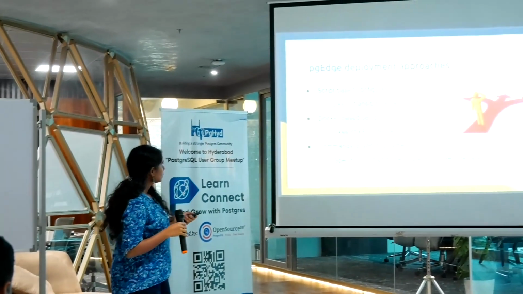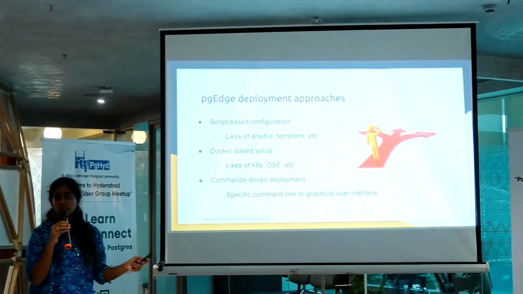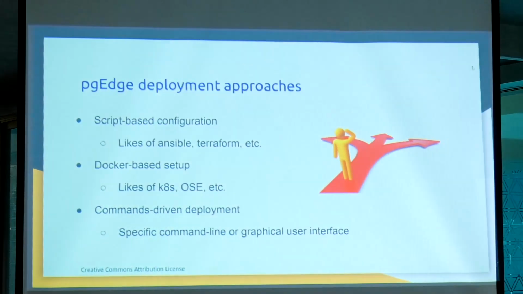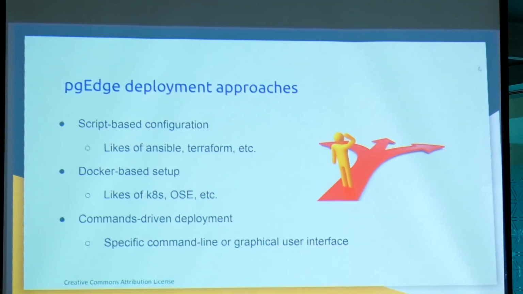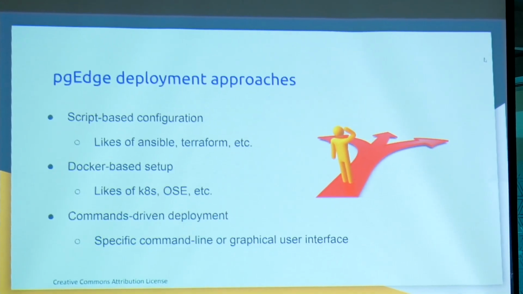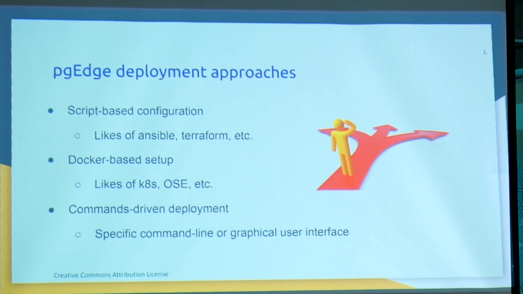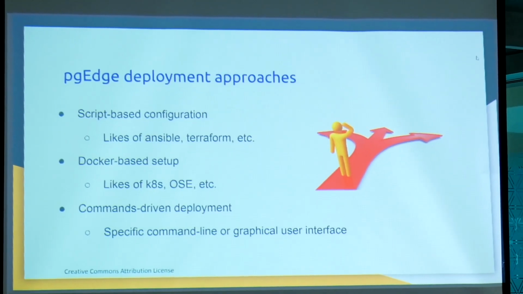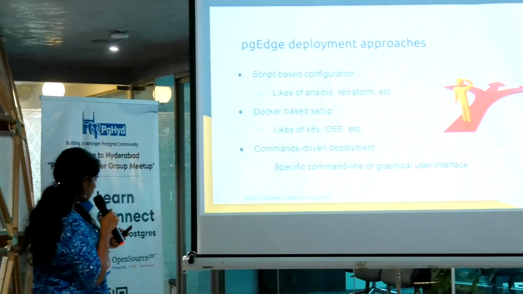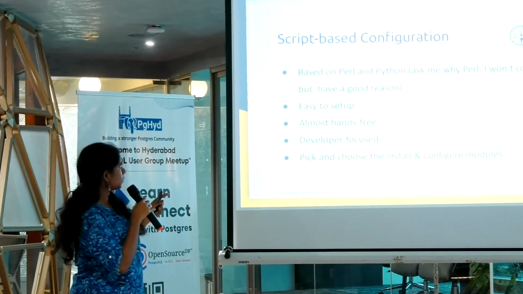So this is my main topic, where we can see the 3 approaches for how we can deploy and set up a PgEdge platform, and with this platform, how we can set up multi-master replication. The first one is script-based configuration. What is script-based configuration?